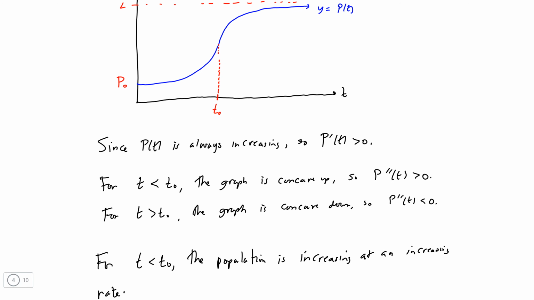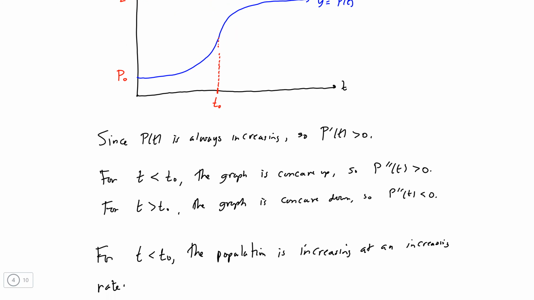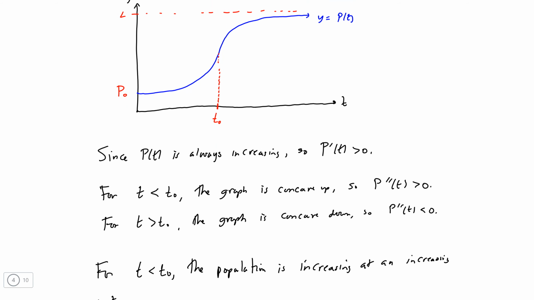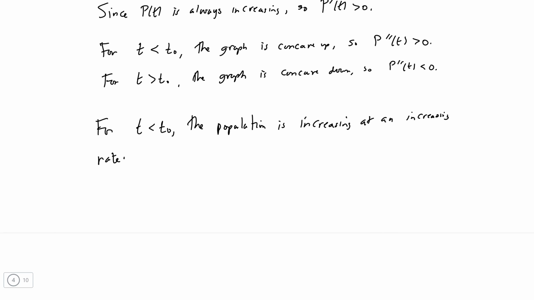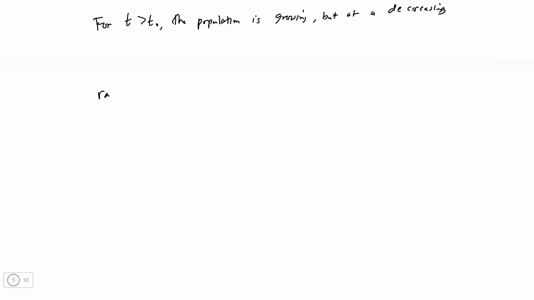As we get closer and closer to t0, the population is growing faster and faster. Now after t0, it's still growing, but it's growing at a slower rate. It's starting to level off. So for t bigger than t0, the population is growing, but at a decreasing rate. In other words, it is leveling off.